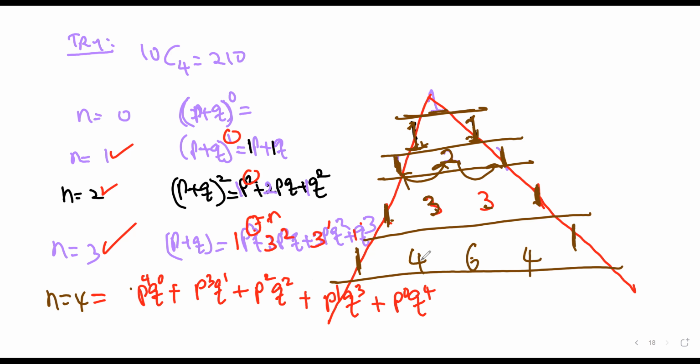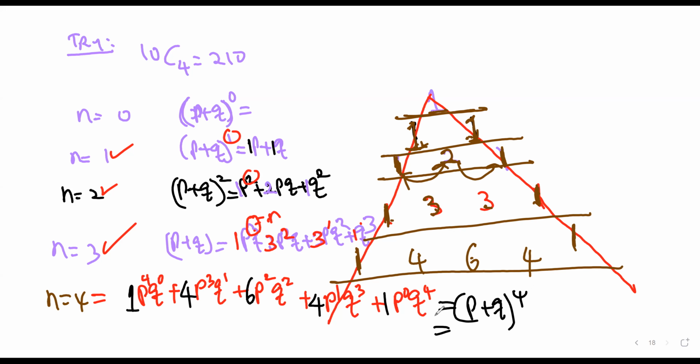Then the coefficients from the Pascal's triangle are 1, 4, 6, 4, 1. So this is the same as (P plus Q) power 4.